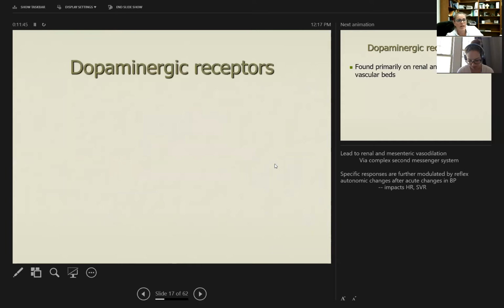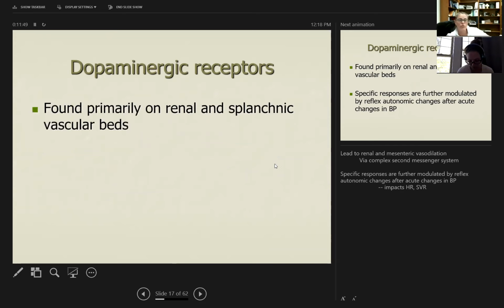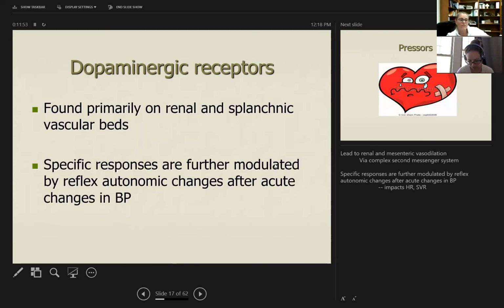We also have to take into account dopaminergic receptors, which are found primarily on your renal and your splanchnic vascular beds. But by activating those, you may see further modulation in reflex autonomic changes, especially if you've had a big change in your blood pressure. Lots of second messenger systems are involved in activation of the dopaminergic receptors.